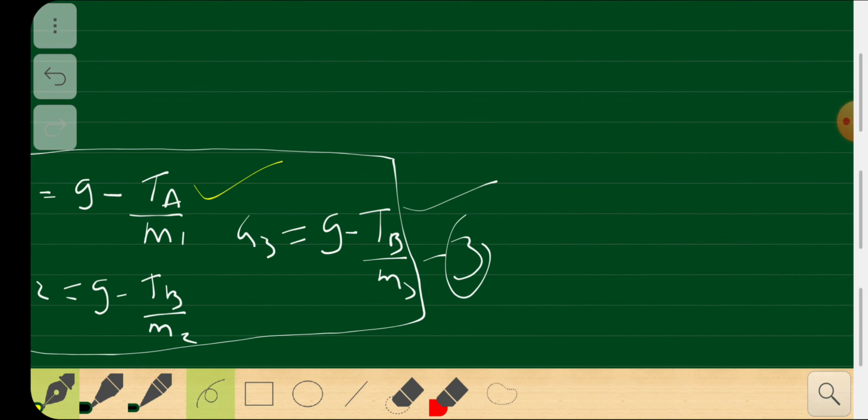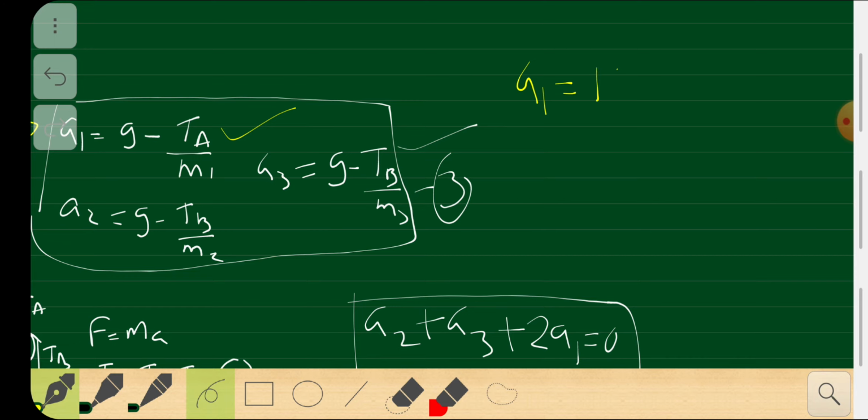So you get a1, a2 and a3, right? So a1 must be equal to g, which I am assuming to be 10, minus 2 times Tb. Ta is equal to 2 times Tb, so 72, that's much easier, right?